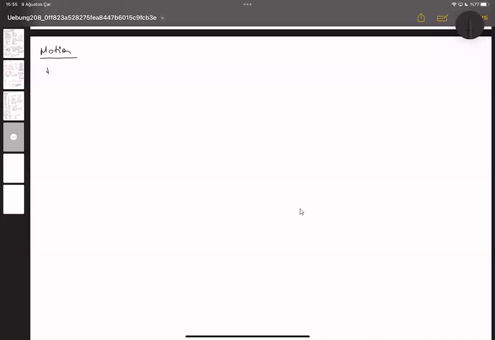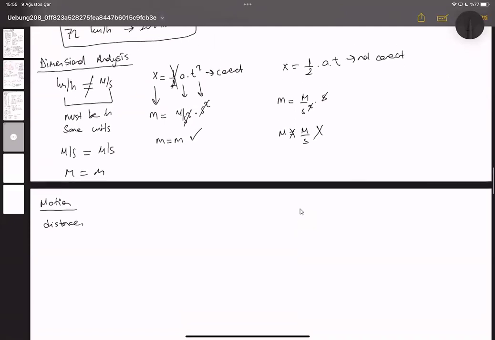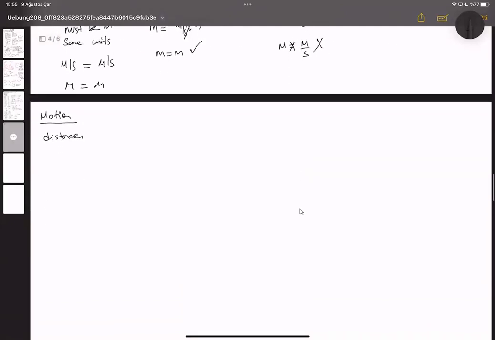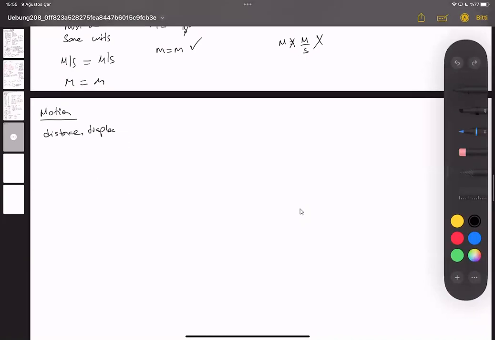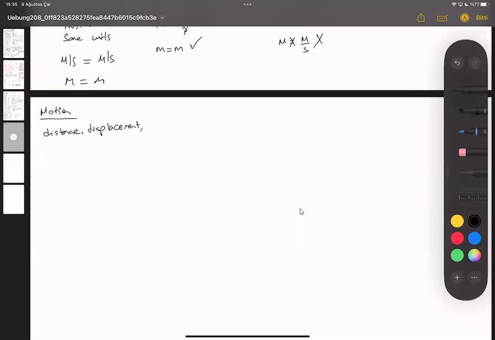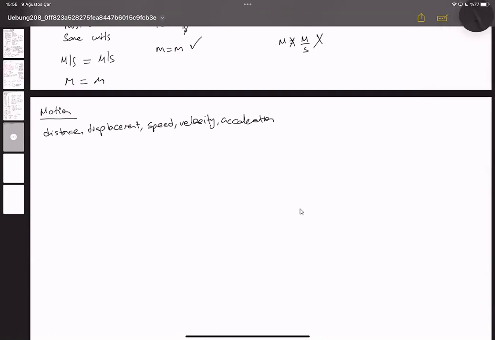For example, distance, displacement, speed, velocity, and finally, acceleration. And its formulas and its graphs we will find. Now, the distance and the displacement, they are different. Because why?